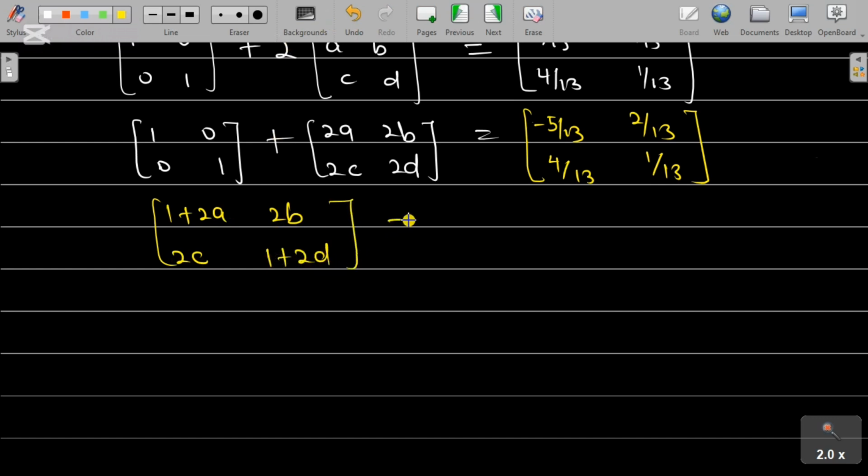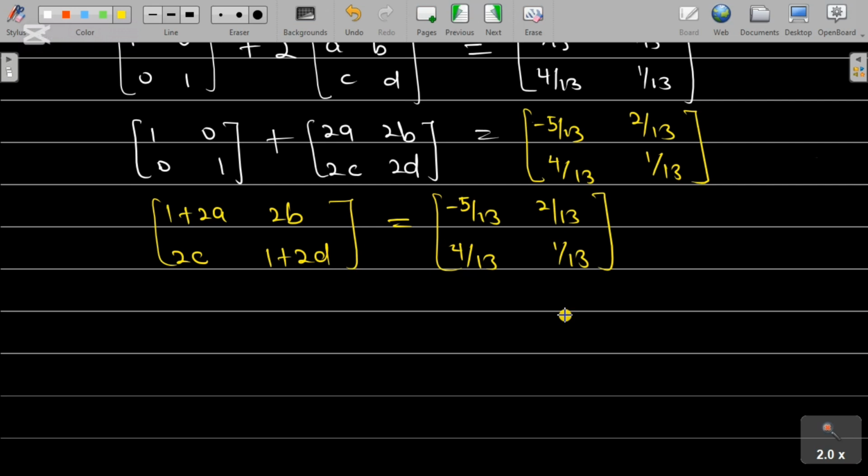Everything is now equal to this right hand side, which is -5 over 13, 2 over 13, 4 over 13, and finally 1 over 13. At this point you can now compare both sides to get the values of your a and b.